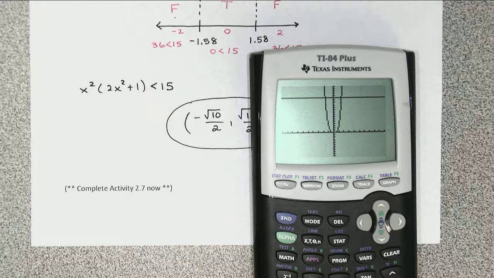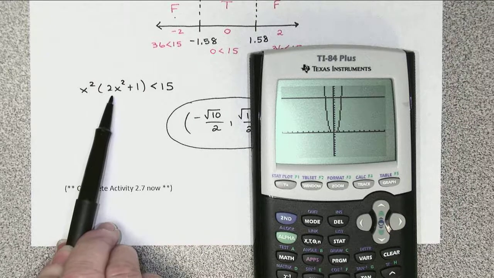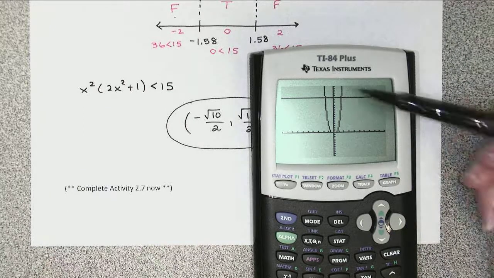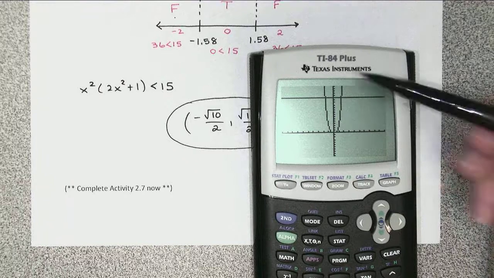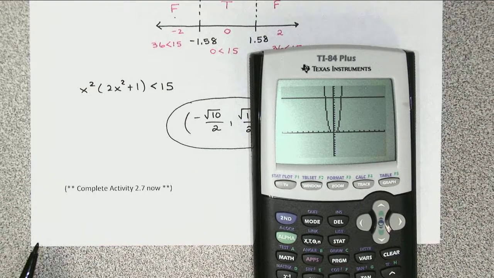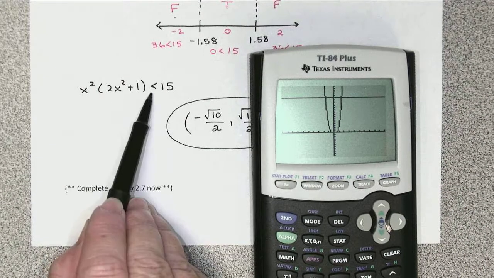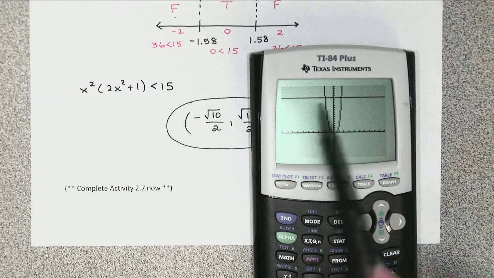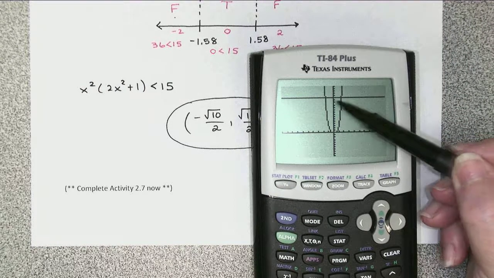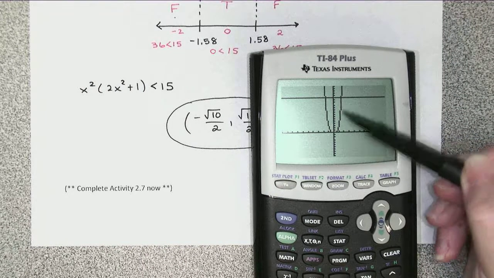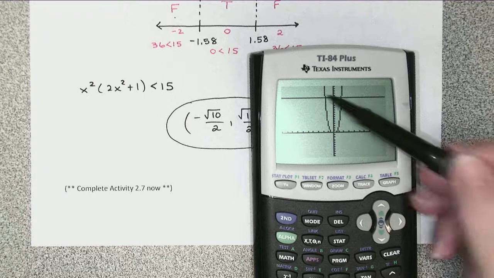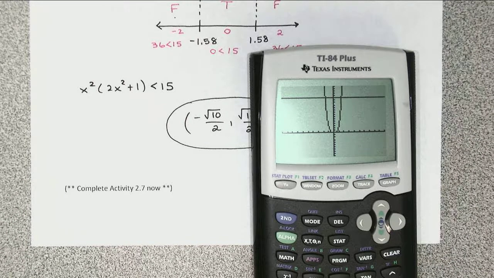And what we're seeing here is that our fourth degree polynomial, this kind of a parabola-looking thing, it's not exactly a parabola, but close, right? That is less than 15, this line, between those 2 points. This part has the quartic polynomial less than 15.